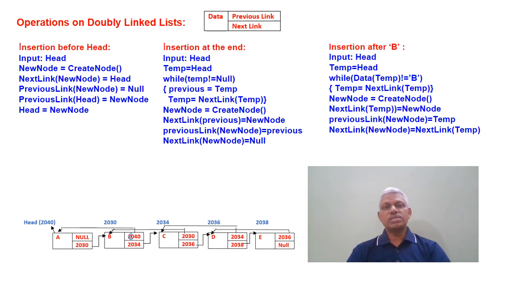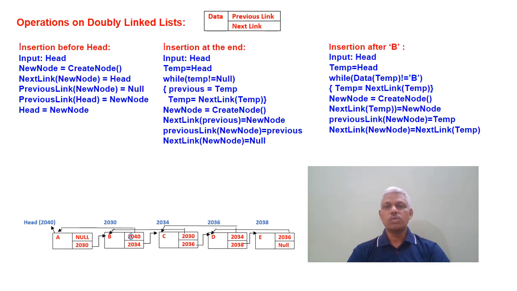Now when it comes to the insertion at a location, if you find data B, then insert the node after that node. If that is the case, the same process will be done. Instead of tracing to the last node, we'll trace with respect to the data until we reach data equal to B. So the input is head and temp is taken as head, and while data of temp not equal to B, we keep on tracing through the double linked list.